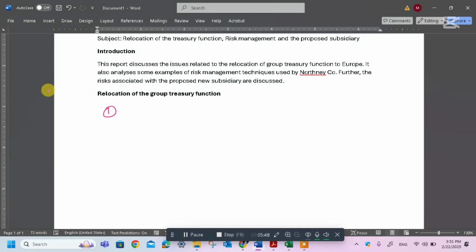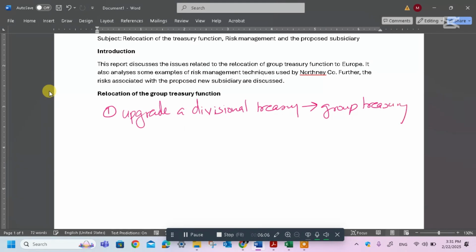Now you have to make a decision whether to upgrade a divisional treasury to group treasury, or start from scratch. This you will have to decide.